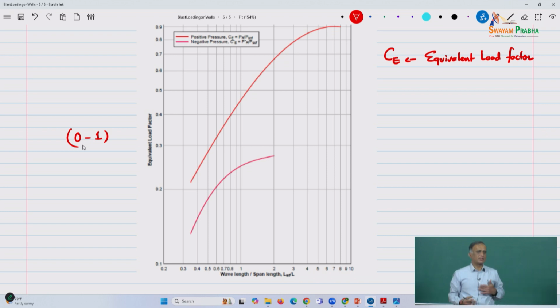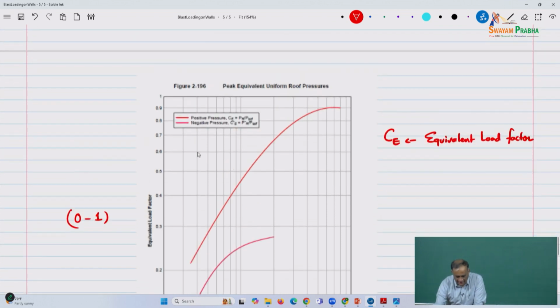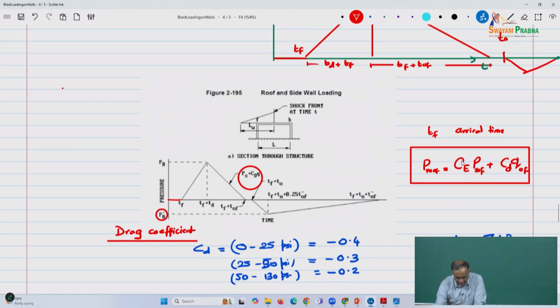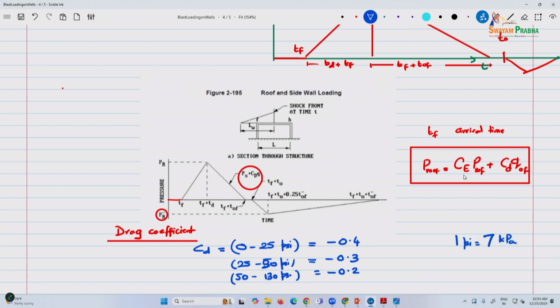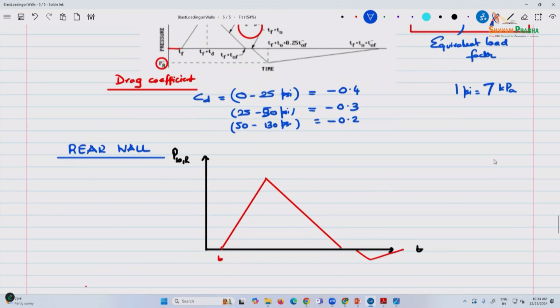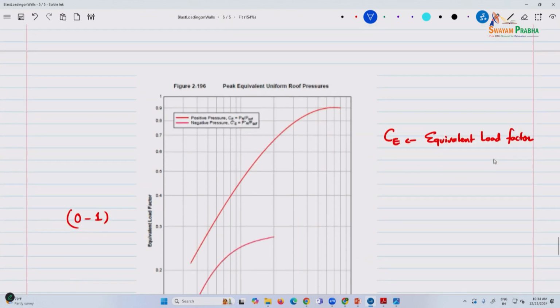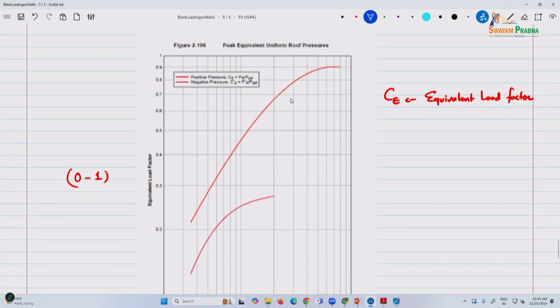It's giving you a coefficient that you attach to the PSO. CD we have seen. Let me put here itself, equivalent load factor. And so that equivalent load factor is for peak equivalent uniform roof pressures. Positive pressure, so you have a CE positive and a CE negative.